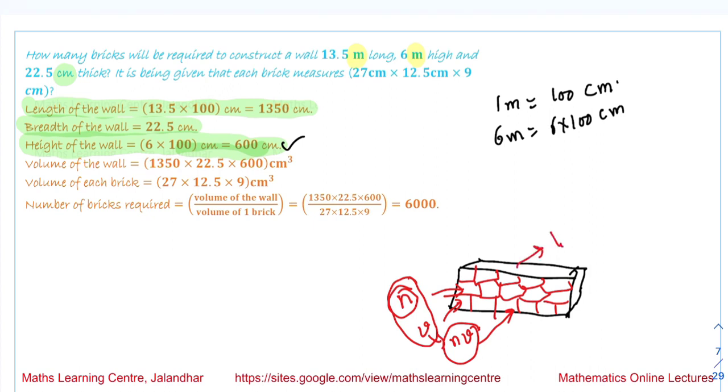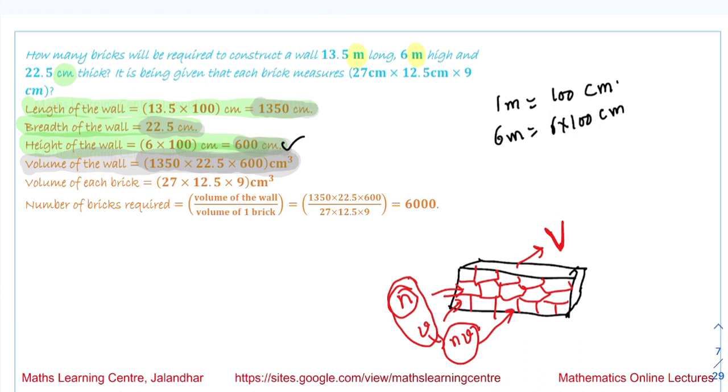Suppose the total volume of this wall is capital V. So first of all we are calculating the volume of this wall. So for the volume we have the formula length into breadth into height. We have 1350 centimeter, 22.5 centimeter and 600 centimeter. When we multiply these three values we get the answer in this form. Now volume of each brick we have to calculate.